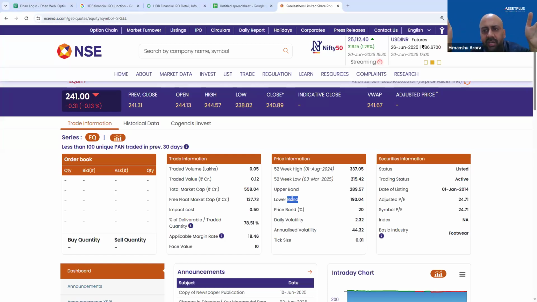So what you do is you reduce the size of the cage. You make it 10%. Then you make it 5%. So the price bands keep on changing like this. A stock which is regularly hitting the 20% price band, its price band is reduced to 10%, then 5%, then 2%. Once it stops hitting the circuit, the price band again increases. Sounds good?